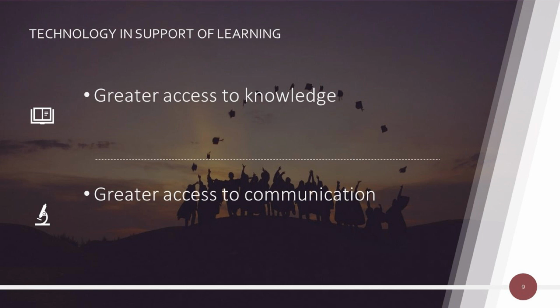And this can be incredibly enriching. But we need to keep in mind that there is the principle of justice. So we need to be able to provide this technology for all students.